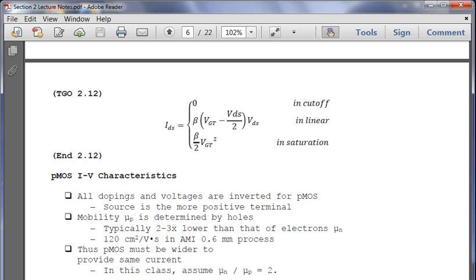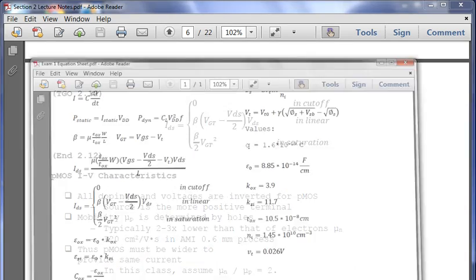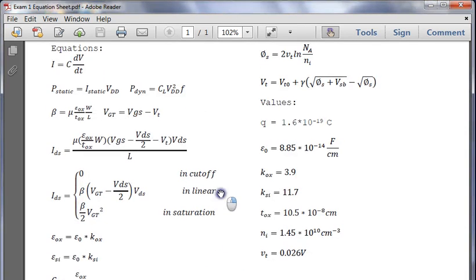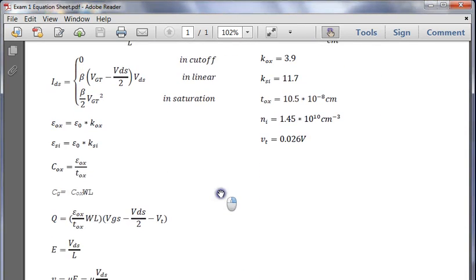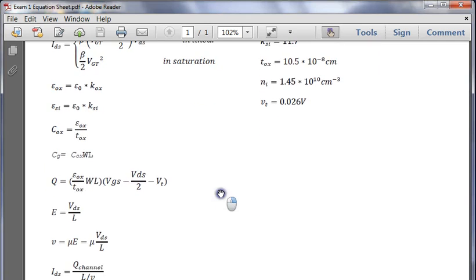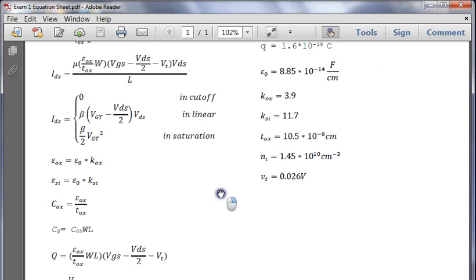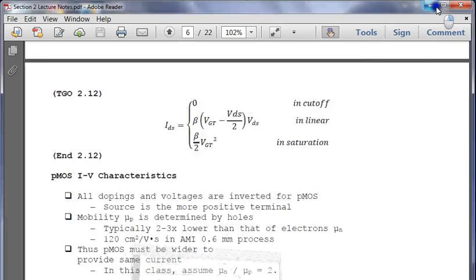I've also included the mobilities, or I should have. I'll fix that. Right. So typically the hole mobility is about half of your electron mobility.